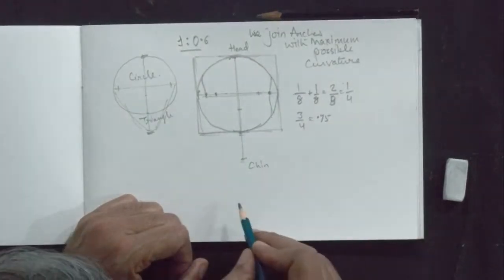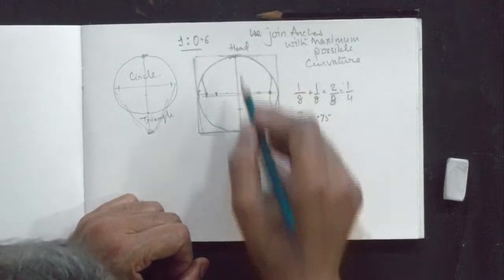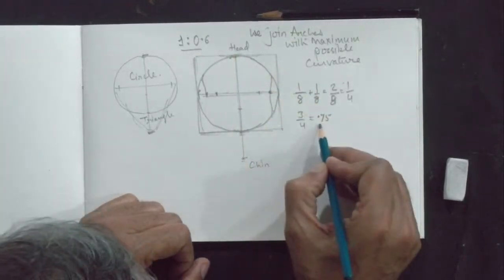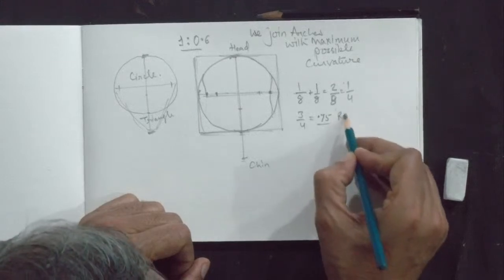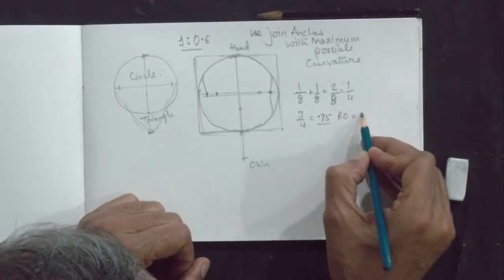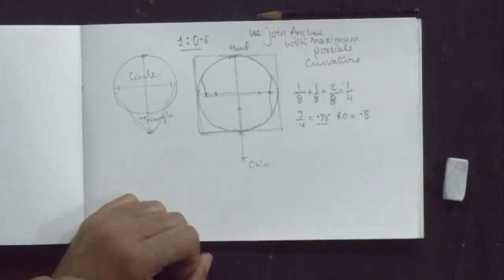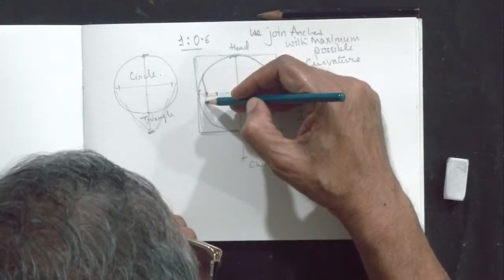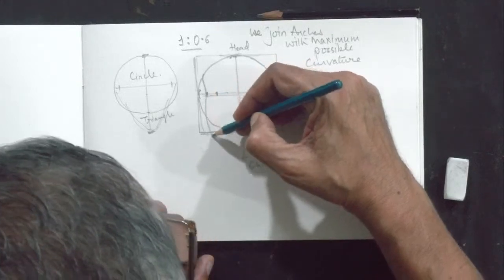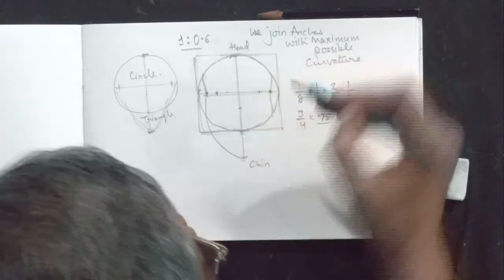The circle size to the head size is 0.75, rounding it off to 0.8. Now remember this, and let us first construct it so that you get an interest of how to really work out the head.